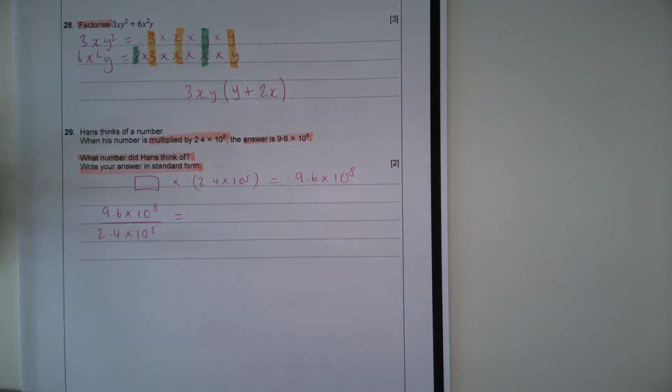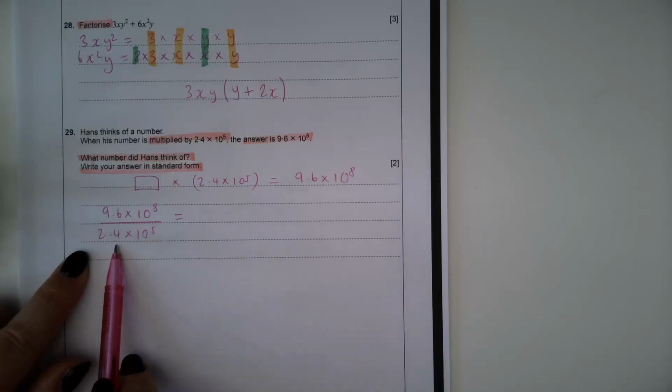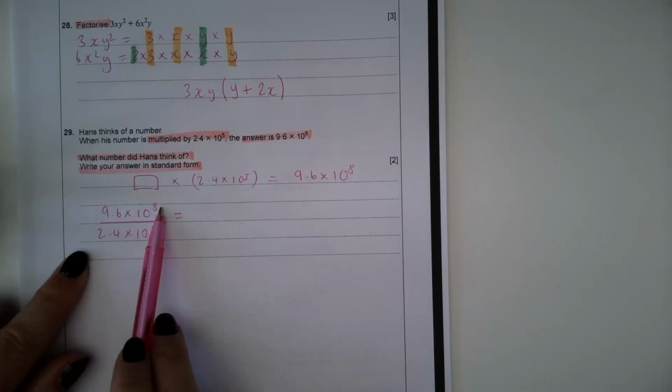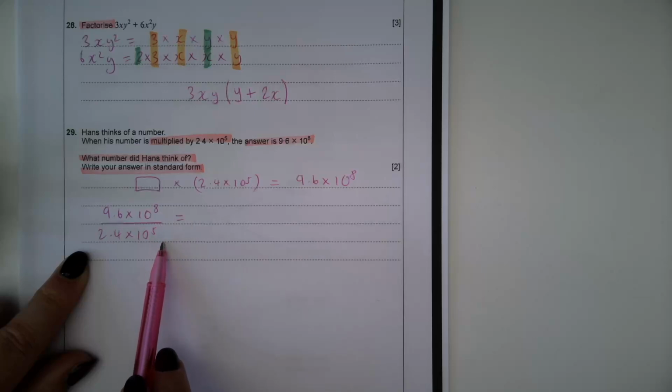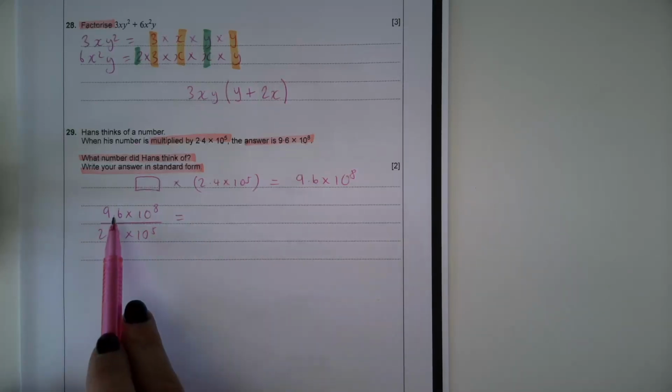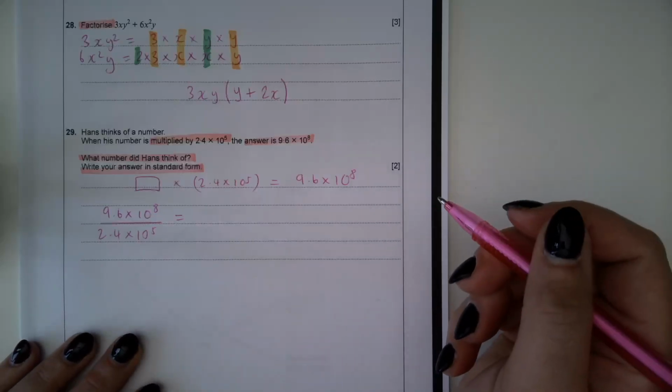Now the reason why I've written it as a fraction is to make our life a little bit easier. So we're going to do 9.6 divided by 2.4, and then we're going to do 10 to the power of 8 divided by 10 to the power of 5, and we're going to use our laws of indices, our division rule. So let's start with 9.6 divided by 2.4. However you want to do this, I'm just going to count up in 2.4s.